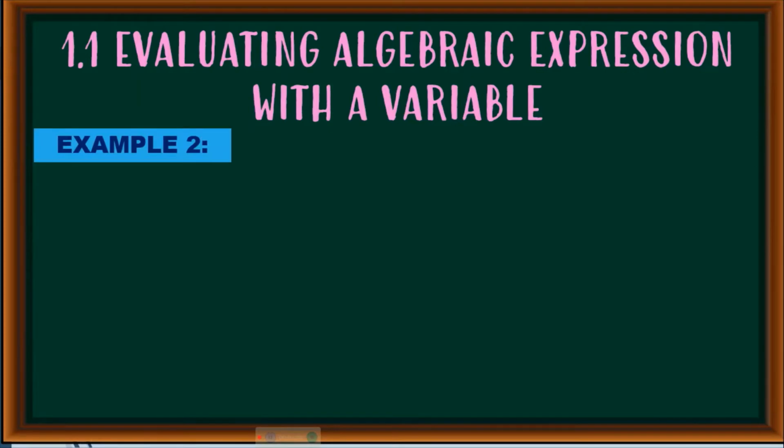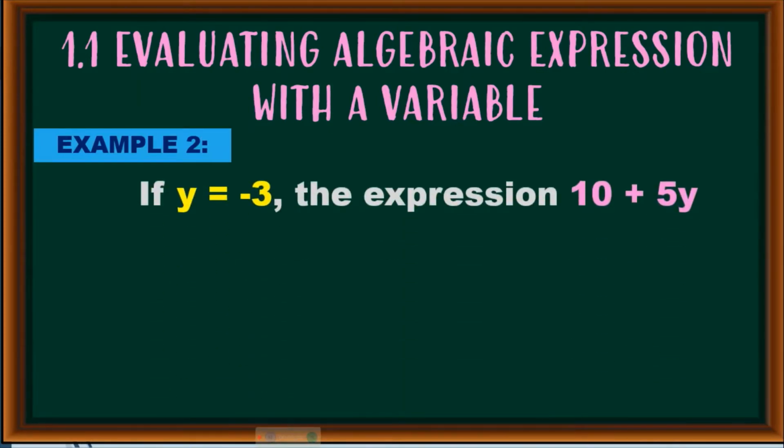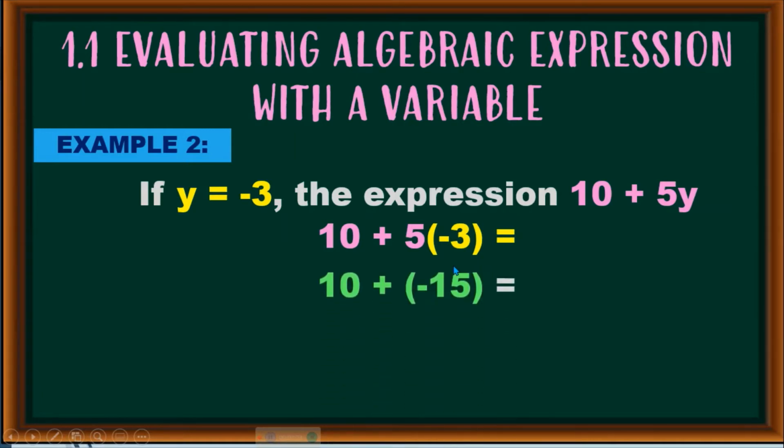Okay, example number 2. If y is equal to negative 3, then the expression is 10 plus 5y. So, yung y ay papalitan natin or isa-substitute natin yung value niya which is negative 3. Then, kokopyahin nyo lang po yung 10, then yung plus, tapos ito i-multiply natin.